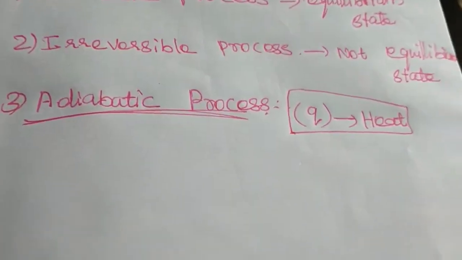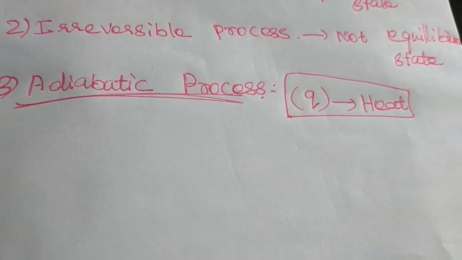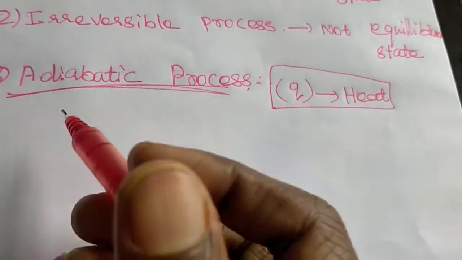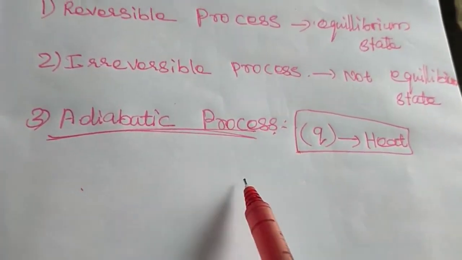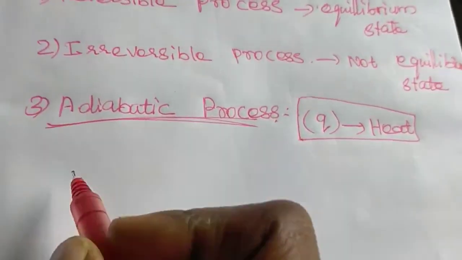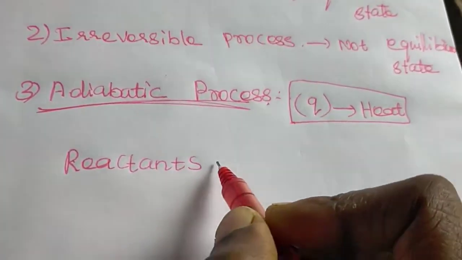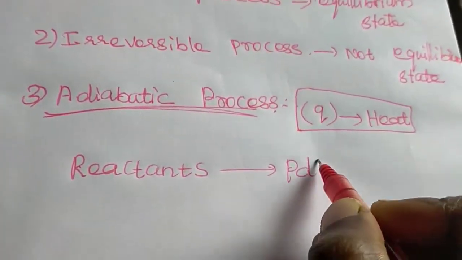So take the adiabatic process. Throughout the process, consider one reaction where reactants produce one product.